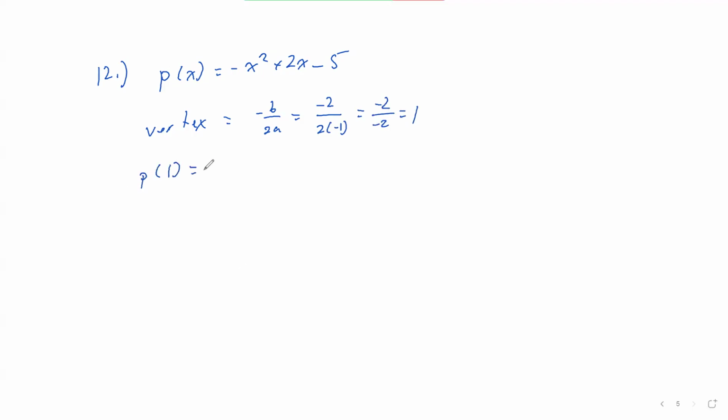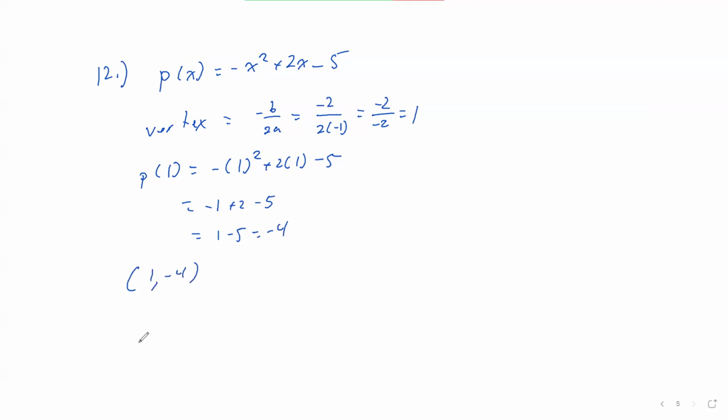Plug it in. That gives me negative 1 squared plus 2 times 1 minus 5. So that's negative 1 plus 2 minus 5, which is 1 minus 5, which is negative 4. Therefore, my vertex is (1, negative 4).